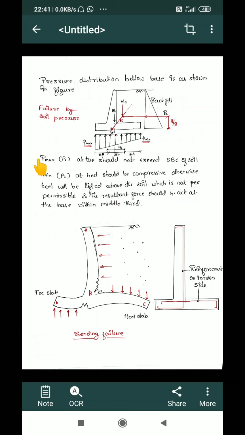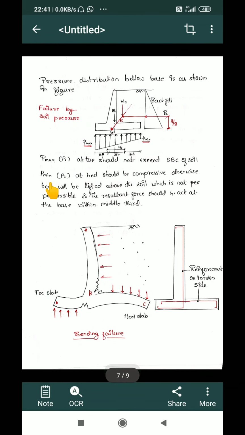Then this P max at the toe should not exceed the SBC of the soil. This value, the maximum pressure at the toe slab, should be lesser than the safe bearing capacity of the soil. Otherwise, this retaining wall will fail.